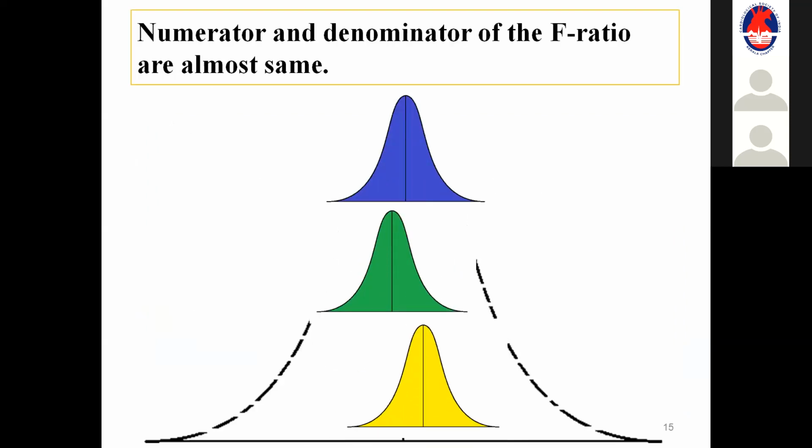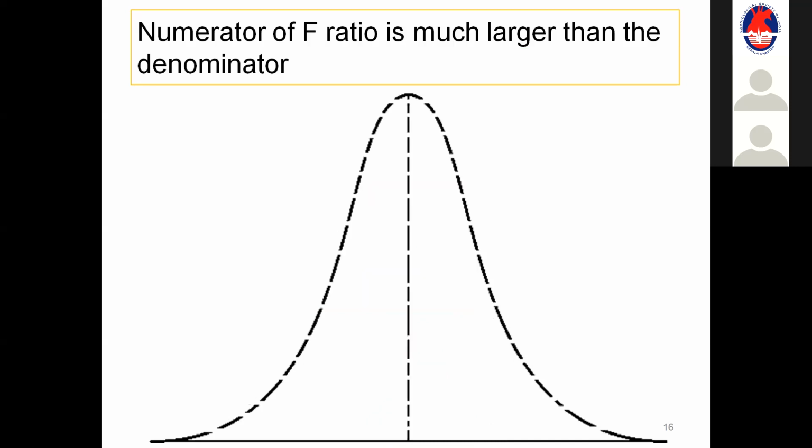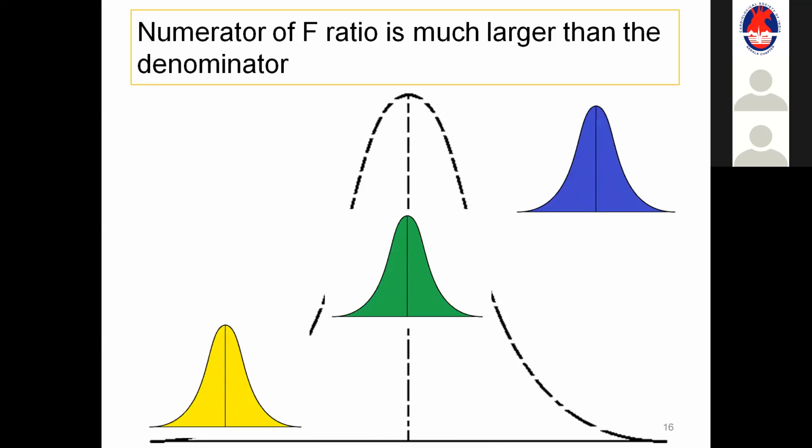So the numerator and denominator are almost the same in this situation. Or the numerator is less than the denominator in this scenario. The numerator of the F ratio is larger than the denominator in this scenario, because we can see that within variances are very low compared to the between variances, like the black or the assumed overall distribution mean to the individual observations in individual samples.